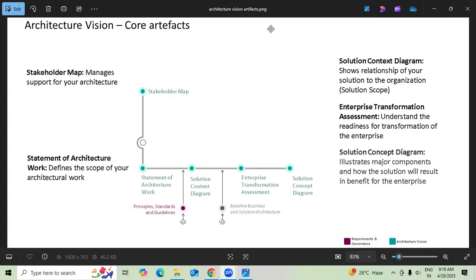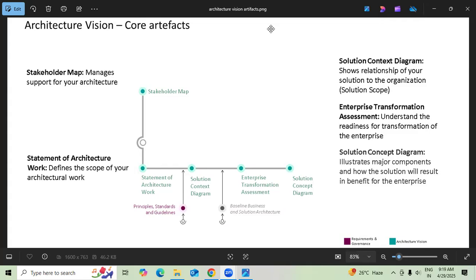So in this regard, there are some core artifacts that we need to identify. One is stakeholder mapping, because we need to manage and support the architectures. When we try to understand stakeholder mapping, we need to know how the stakeholders are to be identified, either internal stakeholders or external stakeholders.